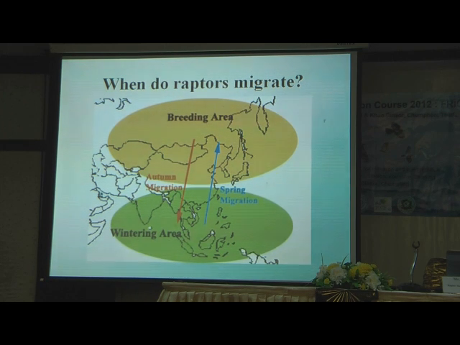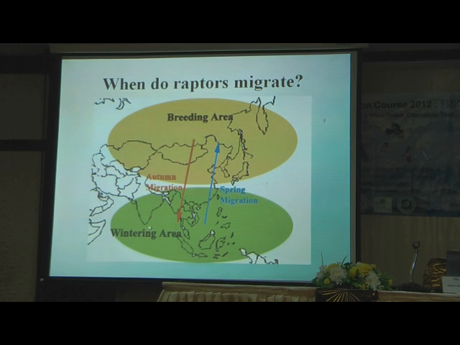And in terms of where the birds are, migration may start as early as late August or early September, and they may continue on up to November.